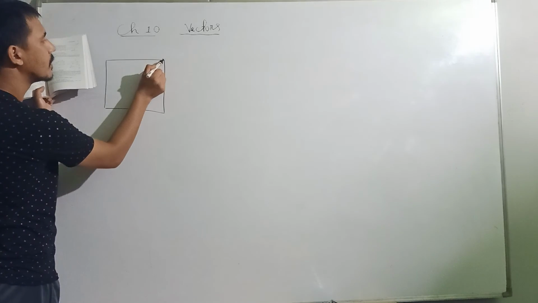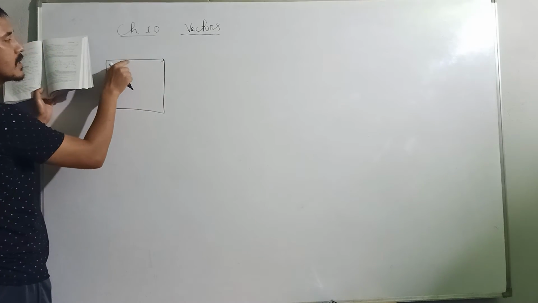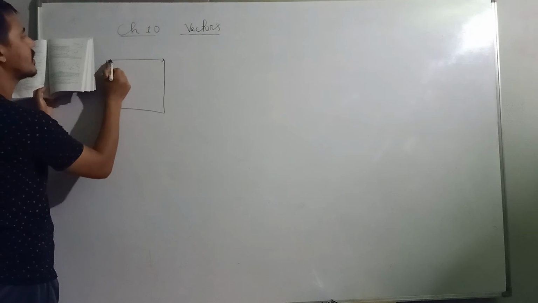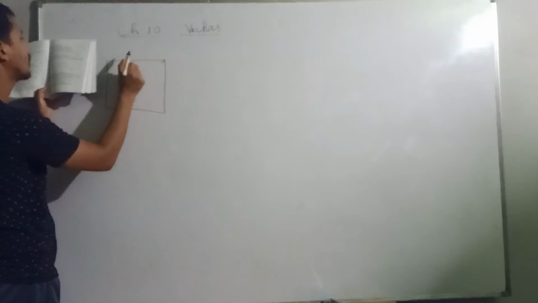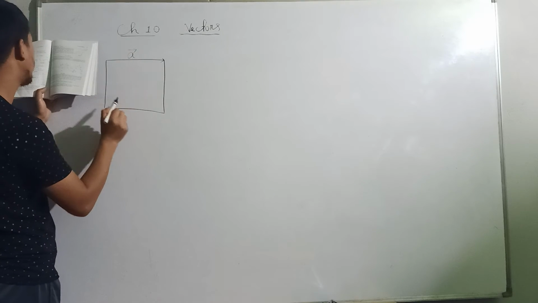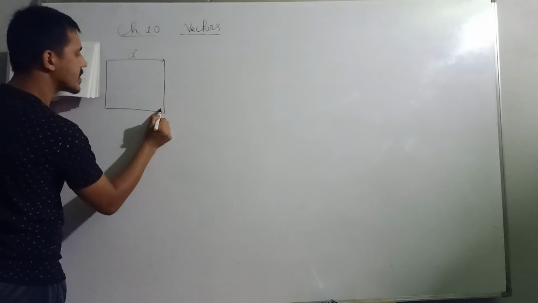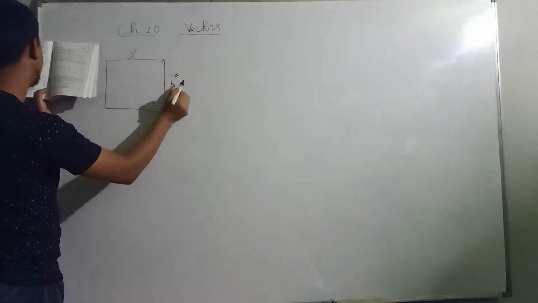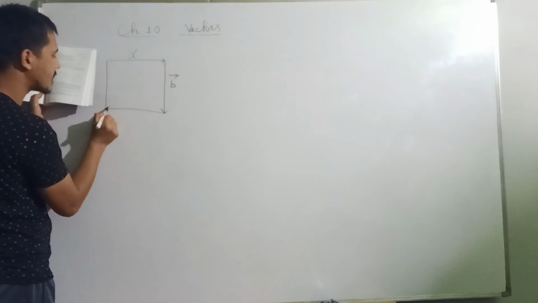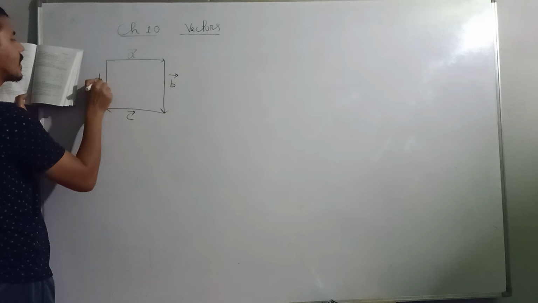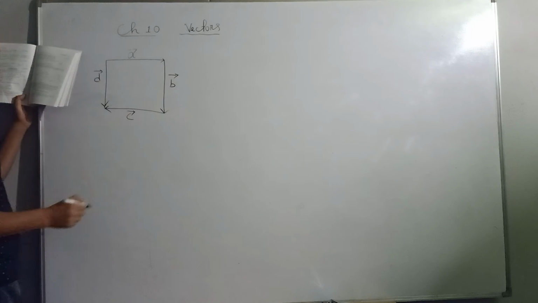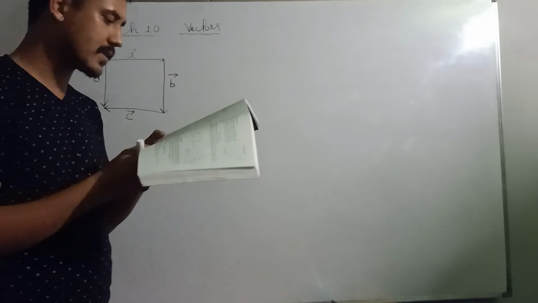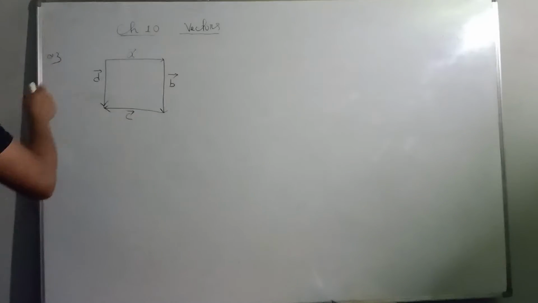So with the help of your NCERT textbook: this side of the square is directed in this way, represented by vector A. This side is directed in this way, vector B. This side C is directed in this way, vector C. And this side is given by vector D following this direction. Is it alright?